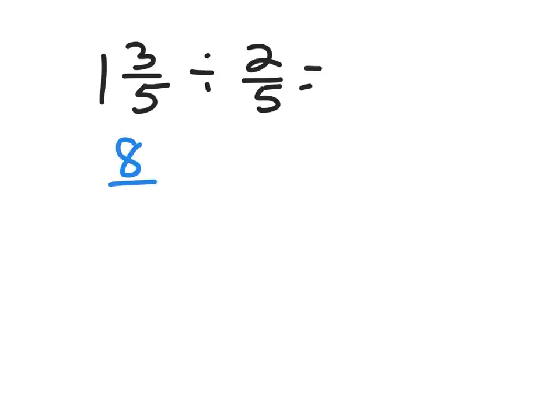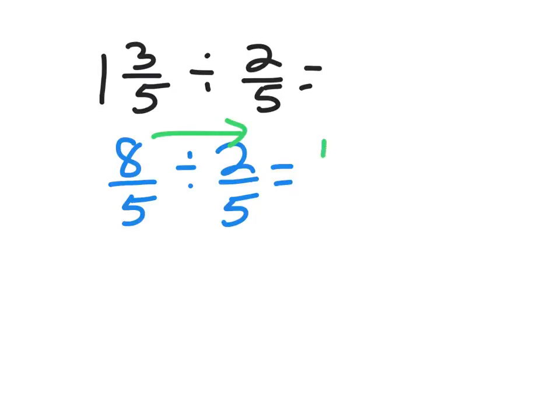So I have 8/5. If I have 8/5, I want to take them 2/5 at a time. I can do that because my denominators are the same. We have the same size pieces. So then I can just divide across, and I will get 4, because 5 divided by 5 is 1, and anything over 1 is itself.